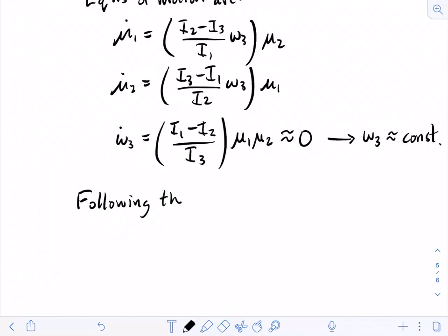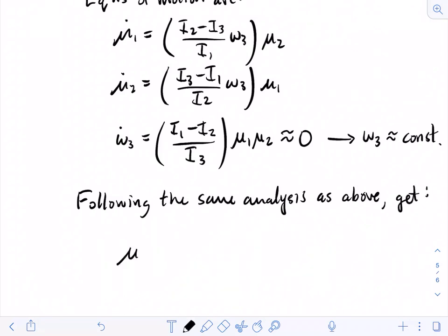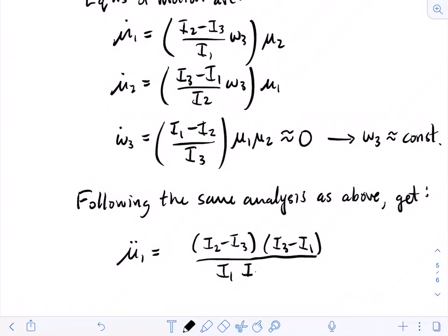Following the same analysis as above, we're going to get mu1 double dot. So let's take the derivative of the first term, and so we'll get a I2 minus I3 divided by I1, and then we'll get a mu2 dot, and from mu2 dot we get an I3 minus I1, and it's divided by I2.